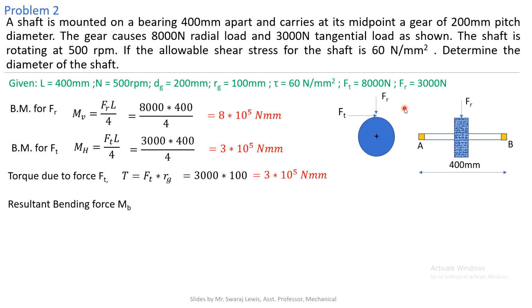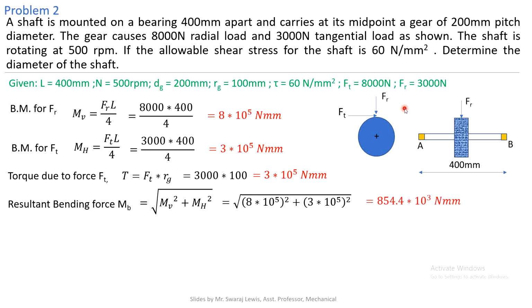Now you have a vertical load and a horizontal load, so because of it we have to calculate the resultant. The resultant bending moment will be root of horizontal moment square plus vertical moment square. So we get it as 854.4 into 10 raised to 3 Newton mm. Now we have the torque answer and the bending moment answer.